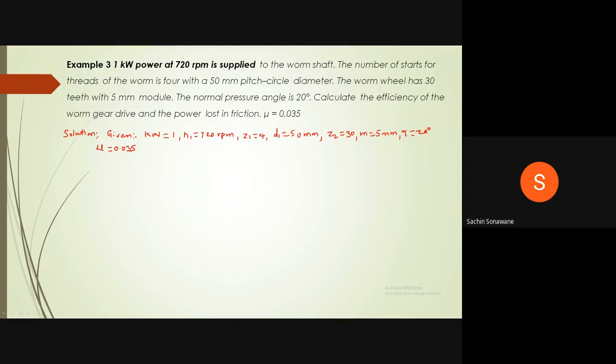We have seen the formula of the efficiency. First of all, we will write down the formula.